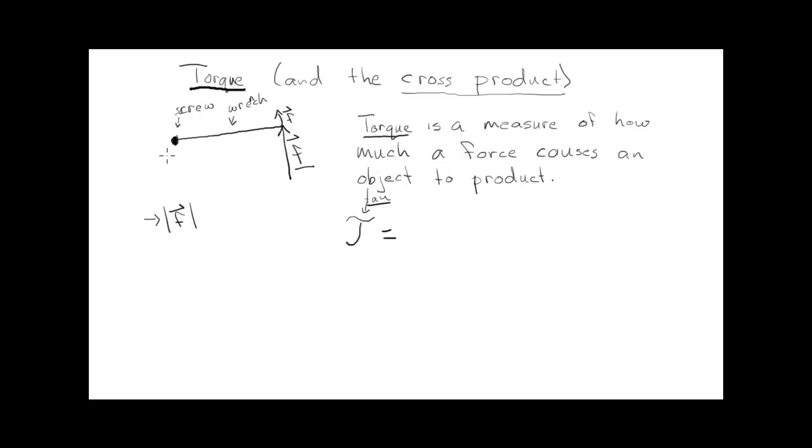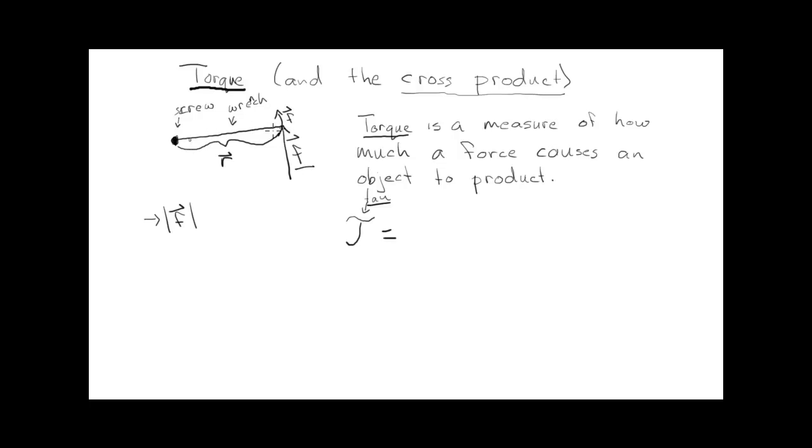So obviously the force is going to have an effect on it. But the other thing that's going to have an effect is this length right here. You can imagine if this was a wrench and you applied the force at the end of the wrench, that's going to be a lot better than applying the force right down near the handle. It's going to move a lot better if you apply the force down here as opposed to up here.